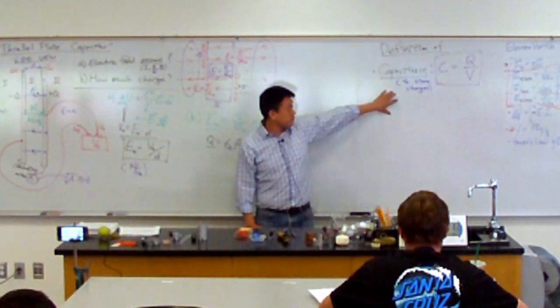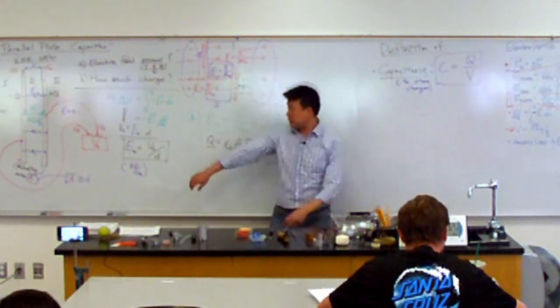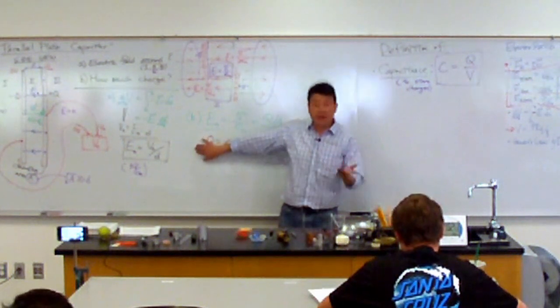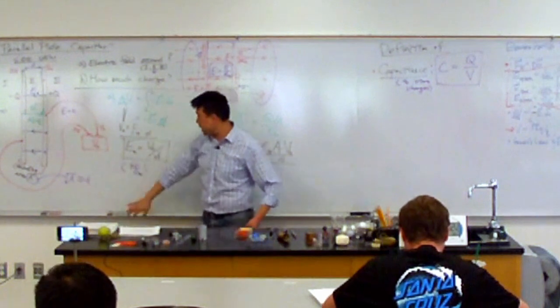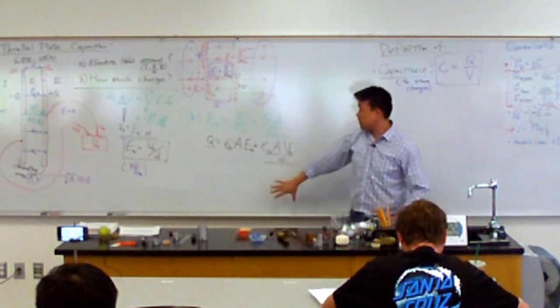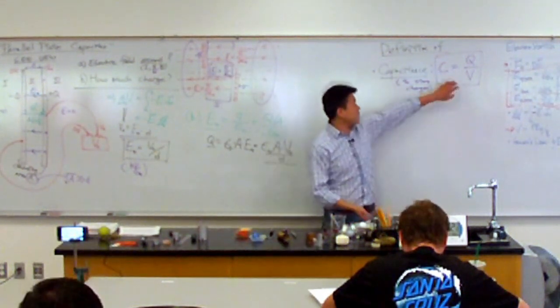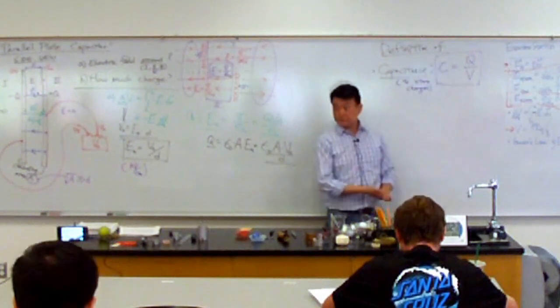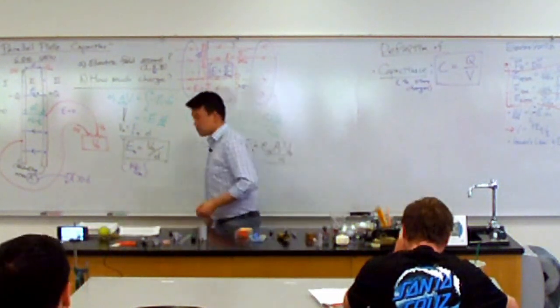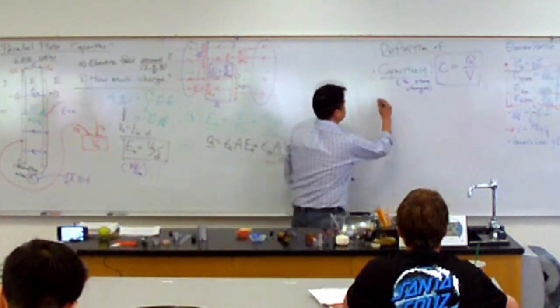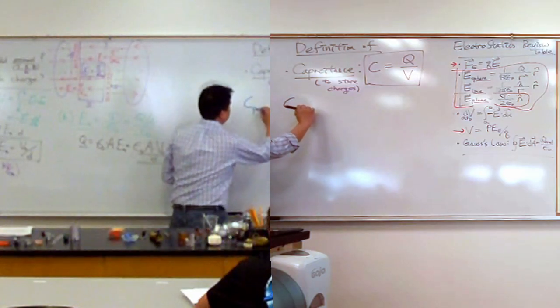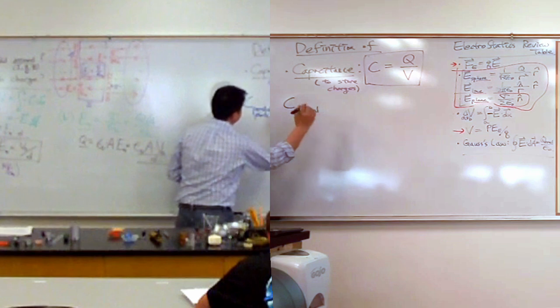We did a lot of the work needed here to actually calculate the capacitance of the parallel plate capacitor. So let's take what we derived here and just plug it into this definition of capacitance and see what we get. So according to the definition, this would be the capacitance of the parallel plate capacitor.